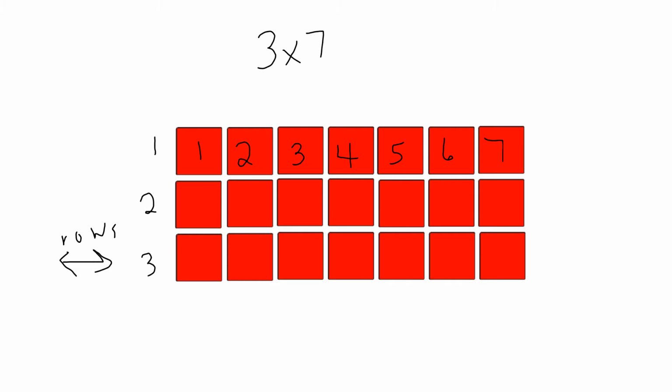So if we were going to break the 3 times 7 apart, I like my 5s personally, so I would want to break this apart into 3 times 5 plus 2, because 5 plus 2 equals 7, right? So instead of doing an entire 7, we're saying 5 plus 2. So what would this look like?